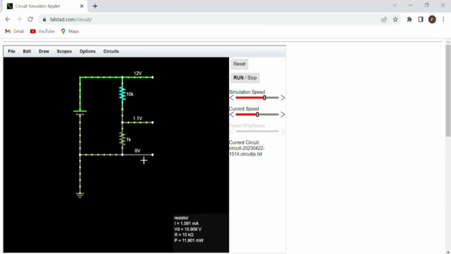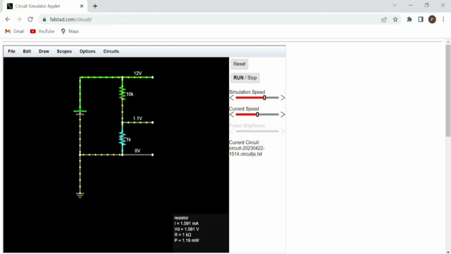Now you can observe the voltage values have reversed. Across this resistance we have a 10.9 volt drop, and across this one a drop of only 1.1 volts. From this we understand the concept: whenever you perform voltage division, across more resistance more voltage drop will occur, and across less resistance less voltage drop will occur. This is very important to understand.